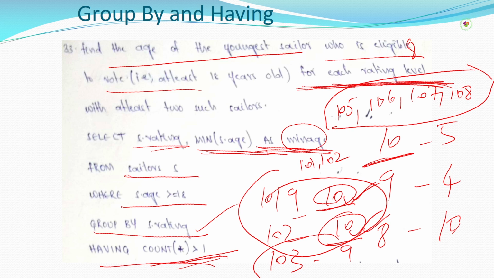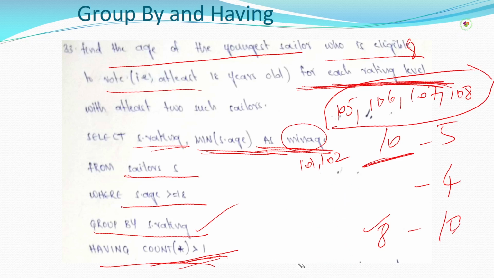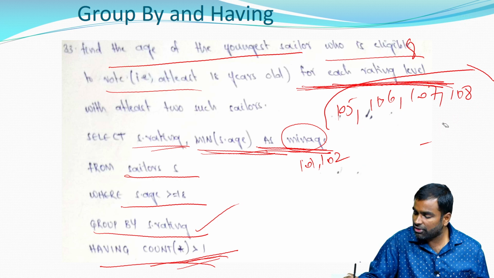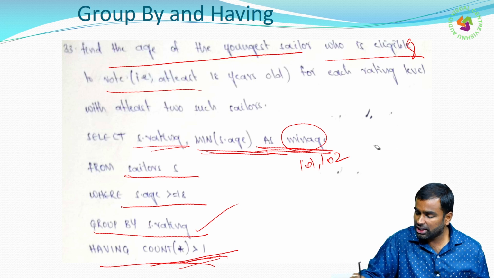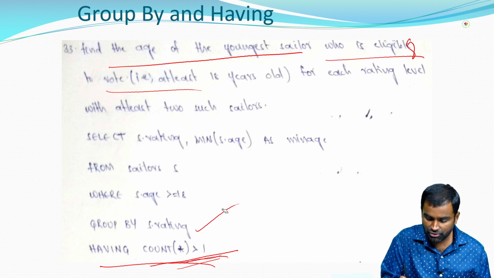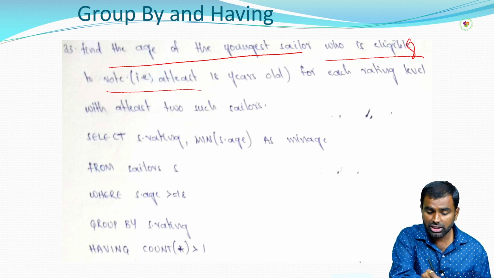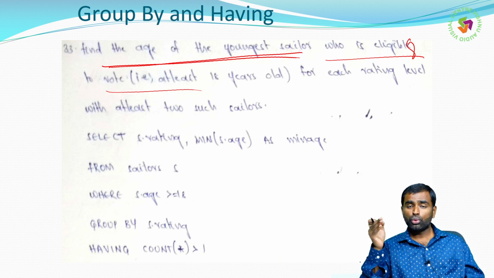Writing this query is very easy. You just have to study the question, understand each and every portion, and then write the different parts of the query. That is the easy way of writing a query: study the question, go through it once or twice.